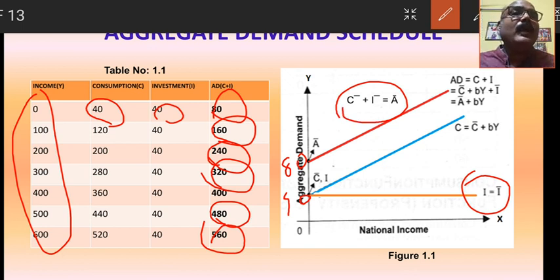So aggregate demand is equal to A bar plus By. Or you can write aggregate demand is equal to C plus I. In place of C you can write C bar plus By plus I bar. So C bar plus I bar is equal to A bar. So A bar plus By. Is it clear? Now come to the next one.